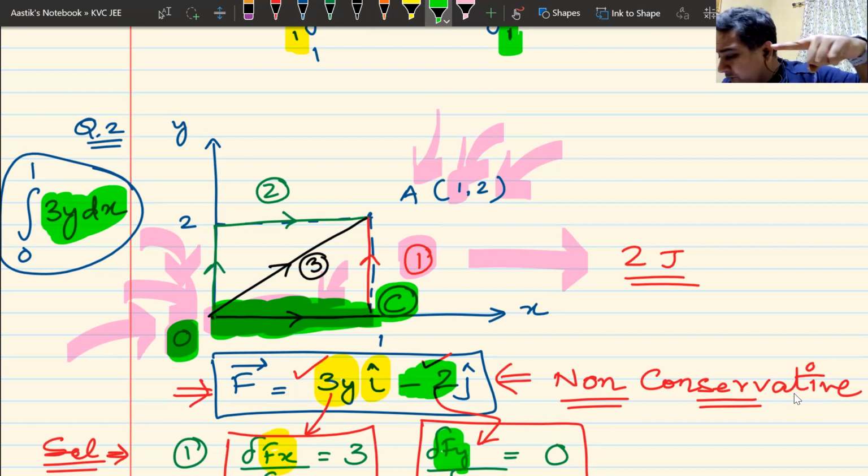What is the value of y from O to C? How much is the value of y from O to C? The value of y from O to C is 0. Yes or no?